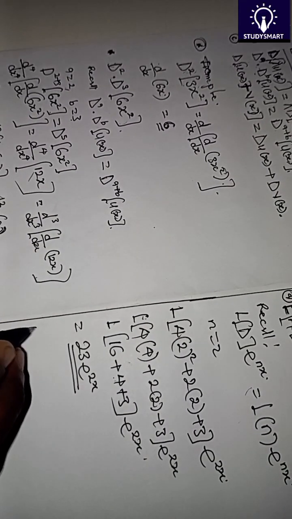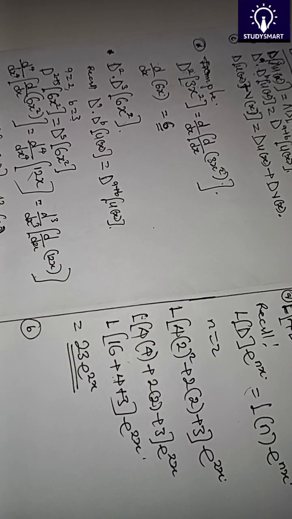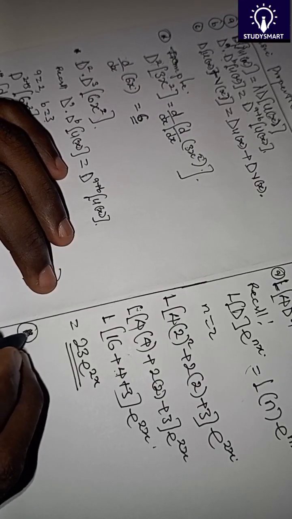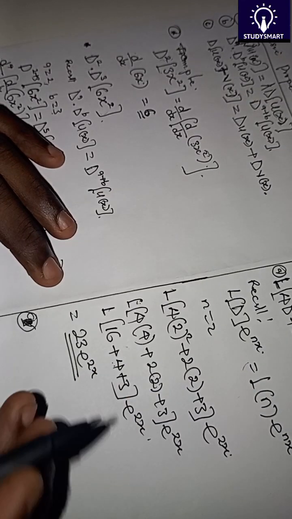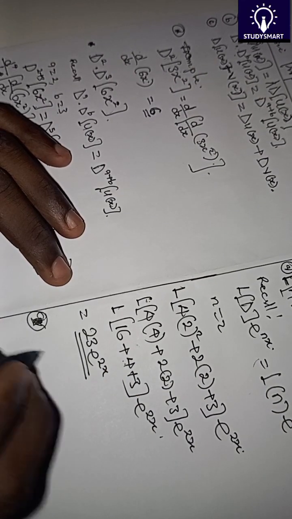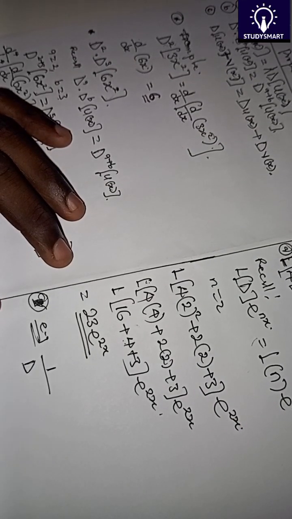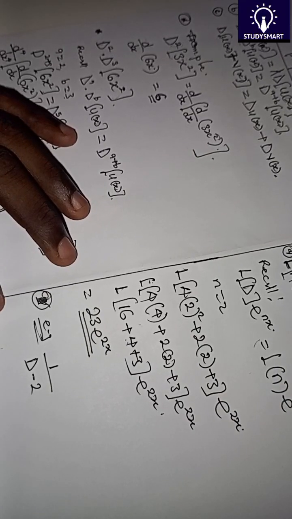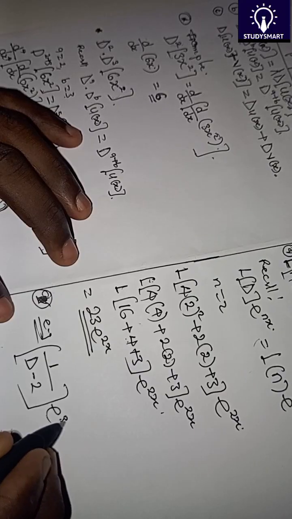For the second property, let me use another example to illustrate this point. What if you have 1 over D minus 2, then you have exponential 3x here.